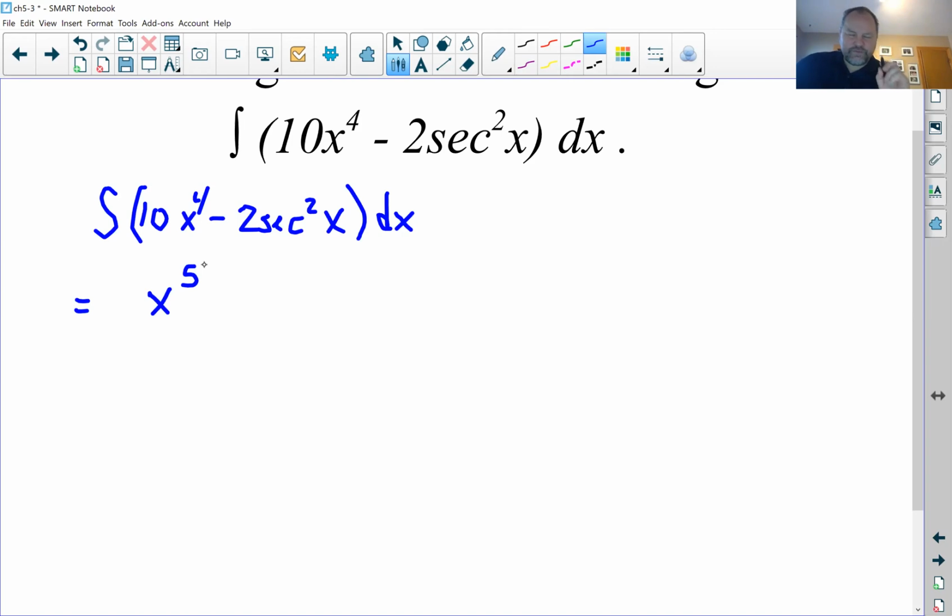With derivatives, the first thing we did, we brought the power down and multiplied. So for an integral, sometimes called an antiderivative, we do the opposite. We've got that power, we're going to divide by that power.